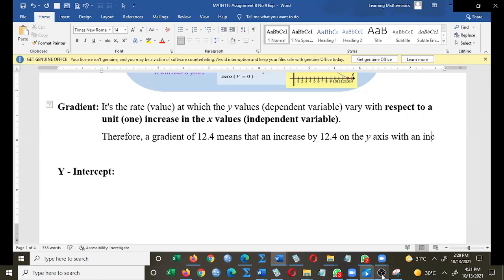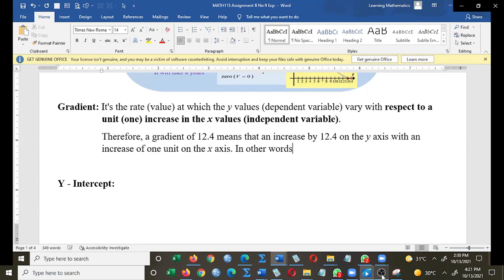There are different ways of phrasing it.